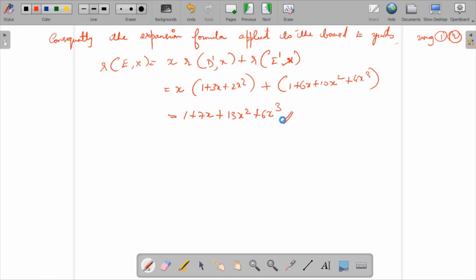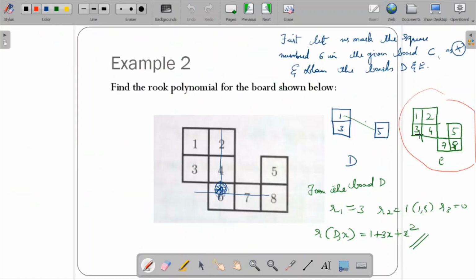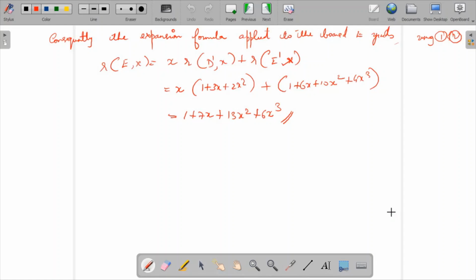Finally, again I need to apply the expansion formula. D of x was this, and now whatever the new E of x you got, let us name this as 3.